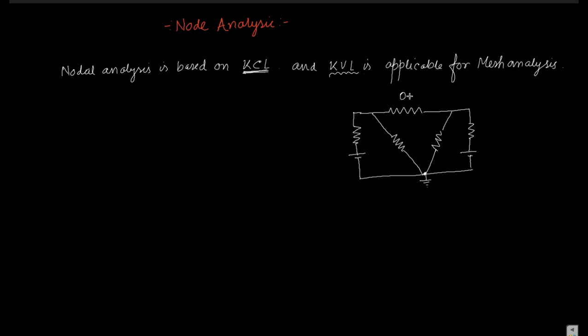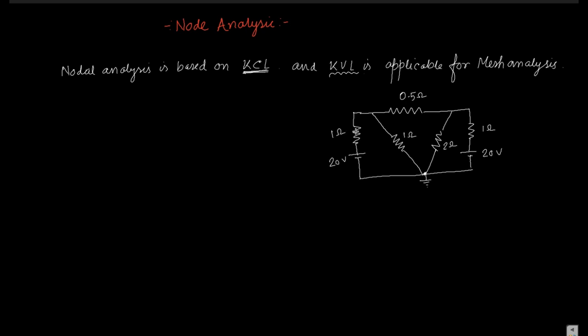So this is 0.5 ohm, this is 1 ohm, this is 2 ohm, 1 ohm. You can take it as 20 volt, again 20 volt, and this is 1 ohm.